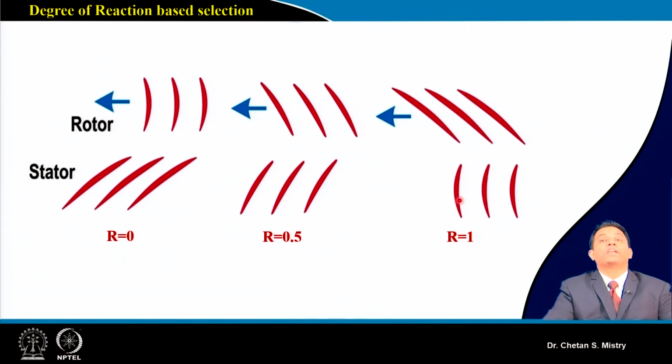If my degree of reaction is 0, then I can say diffusion is not happening in my rotor. A whole lot of diffusion is happening only in my stator. So if you look at the shape of my aerofoil, this is a constant area kind of configuration.